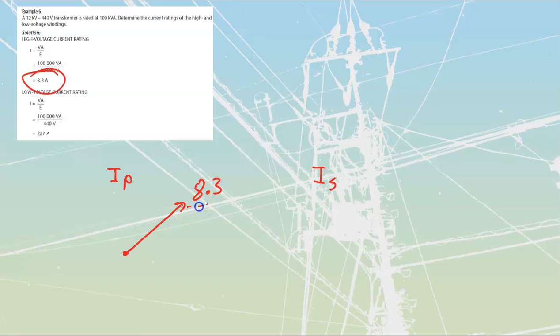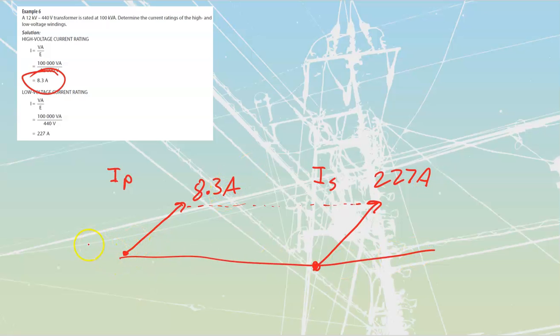I saw that at the same time, through the beauty of transformer action, the fact that I'm getting a larger reflection over here on this side, that I could get a current that would once again start at 0, but would now travel all the way up to 227 amperes, right? Both of these start at 0 amps. And all that we see is that we are going to get a reflection.